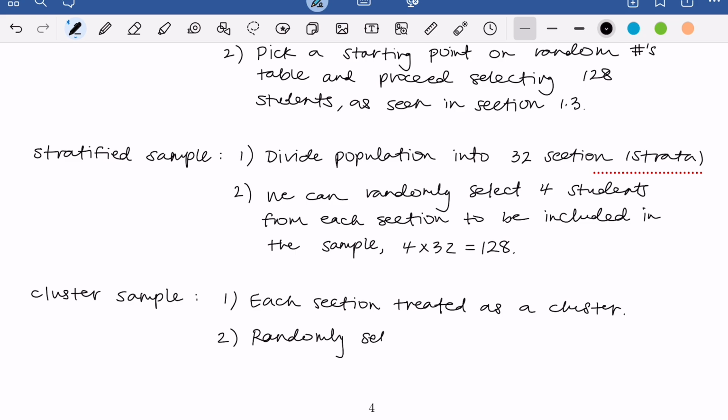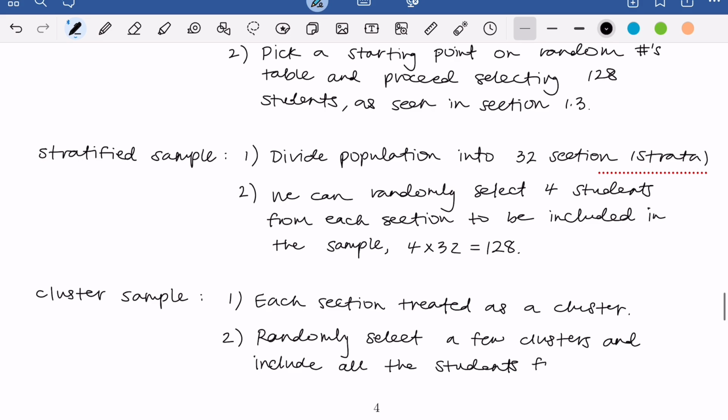Let's write this down here. Let's randomly select a few clusters, and what we're going to do is include all the students from the clusters that we selected in the sample.